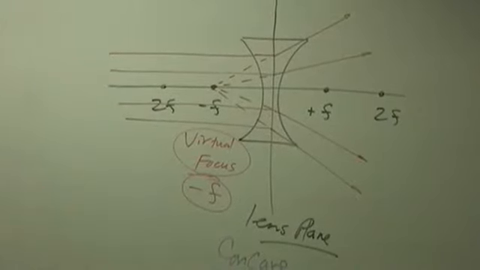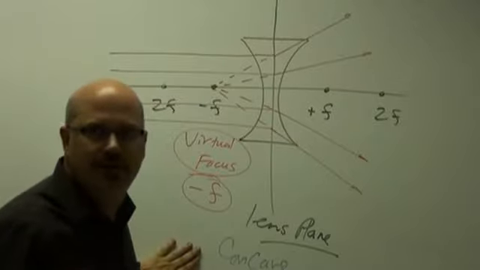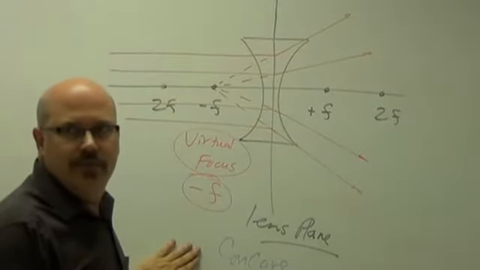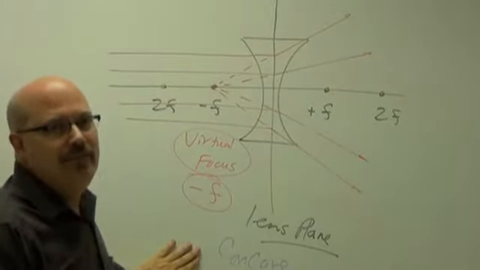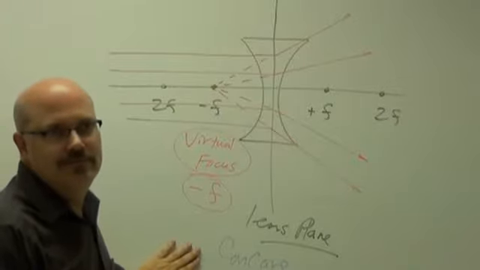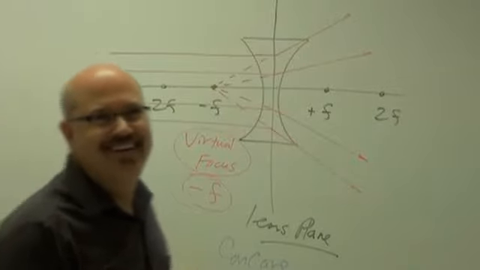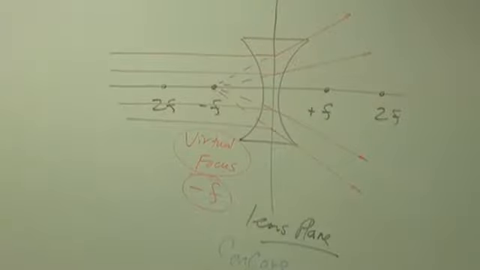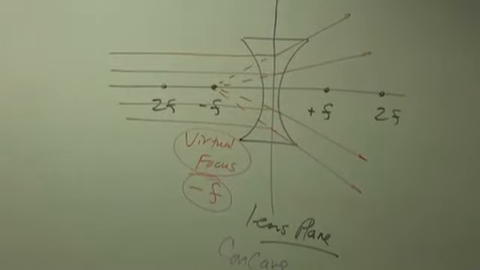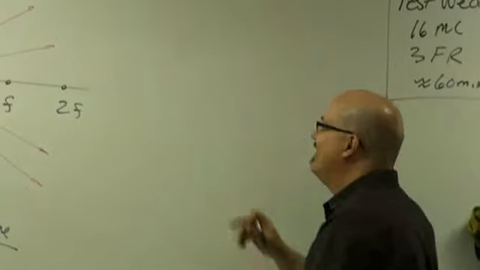Convex mirrors and concave lenses are diverging. So they're exactly the same, but just the opposite. Actually, you're going to find that the drawings on all these are exactly the same, except when they're exactly opposite.